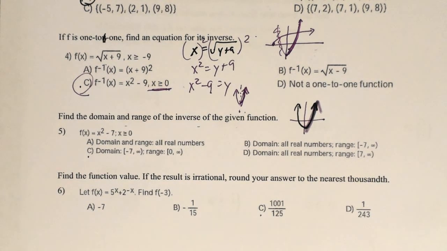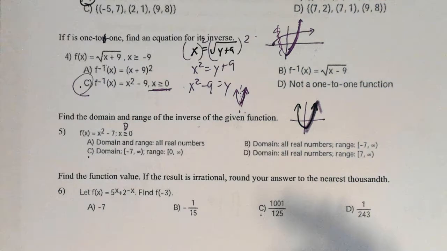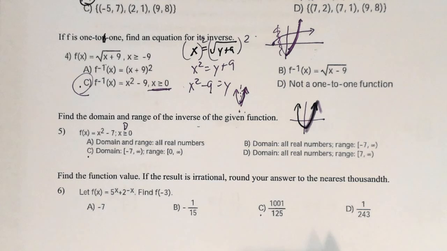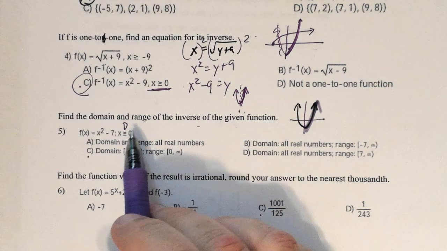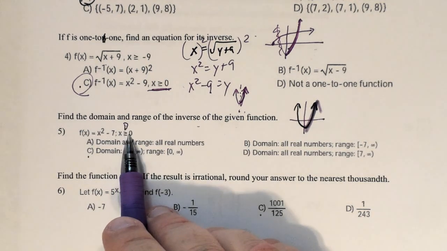Since they only want that part, this is your domain right here. And one thing you want to remember is your domain and your range flip on inverses. So if this is my domain, my new range has to be the same.